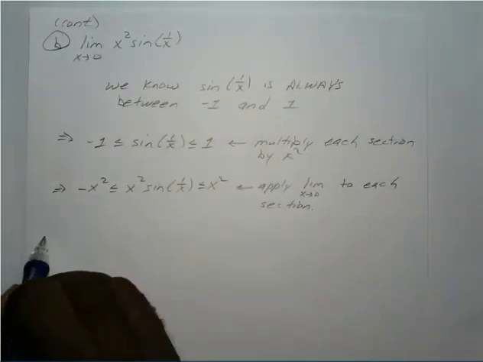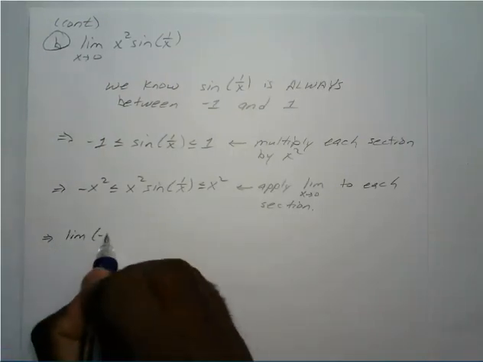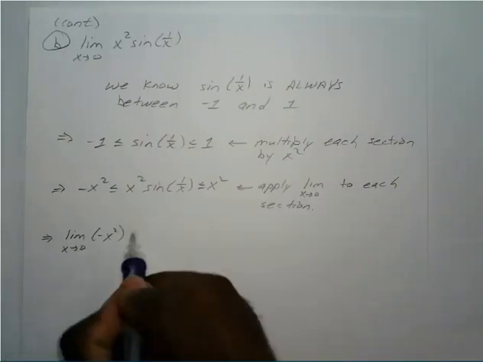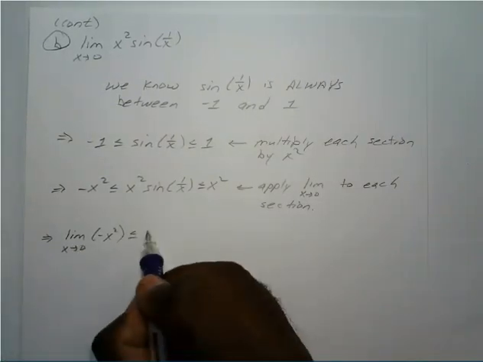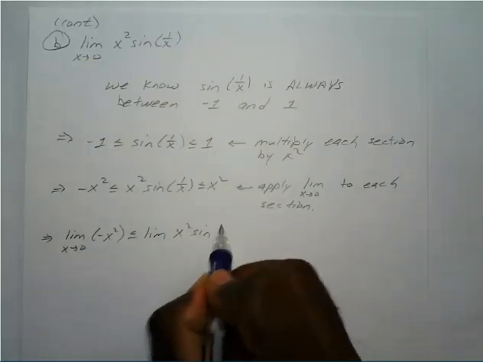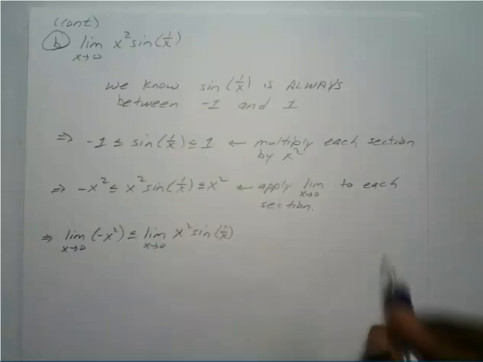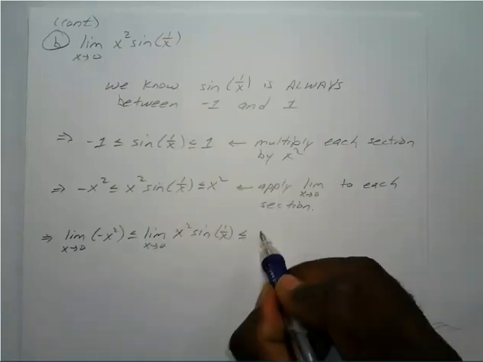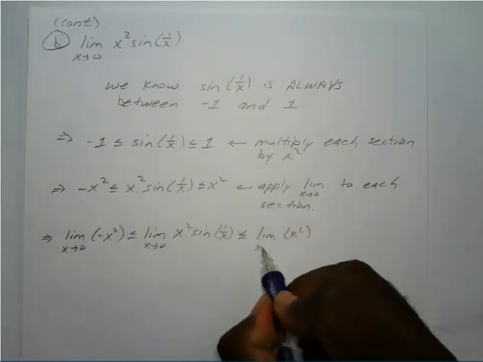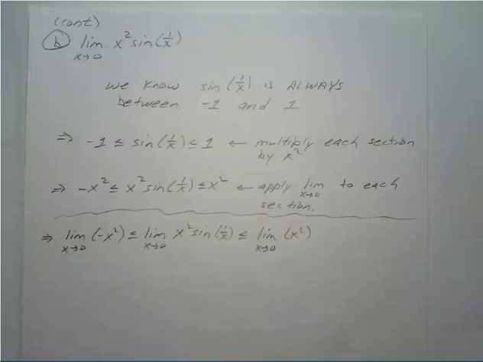That means the limit of negative x squared as x approaches 0 is less than or equal to the limit of x squared sine 1 over x as x approaches 0 is less than or equal to the limit of positive x squared as x approaches 0.